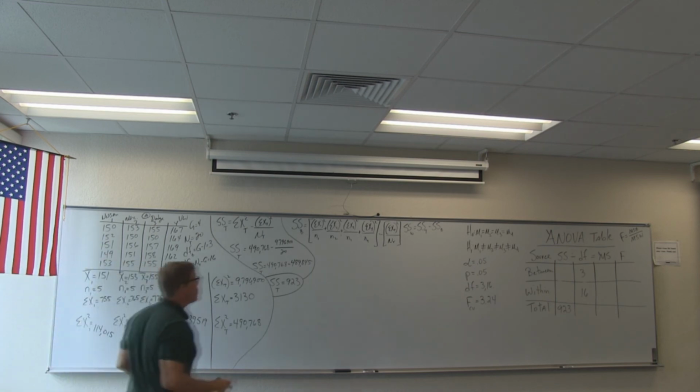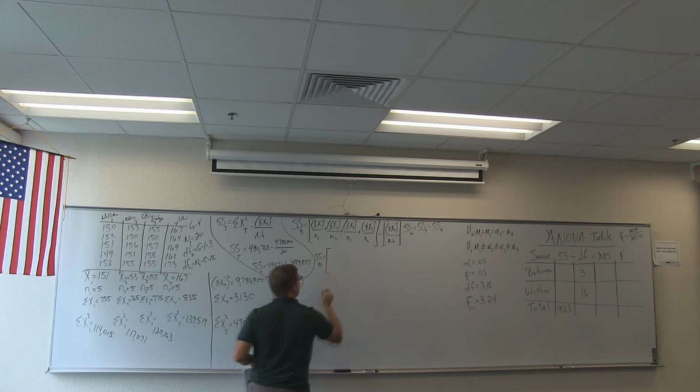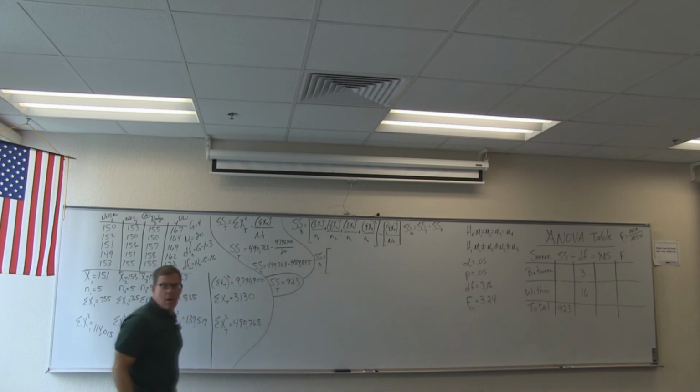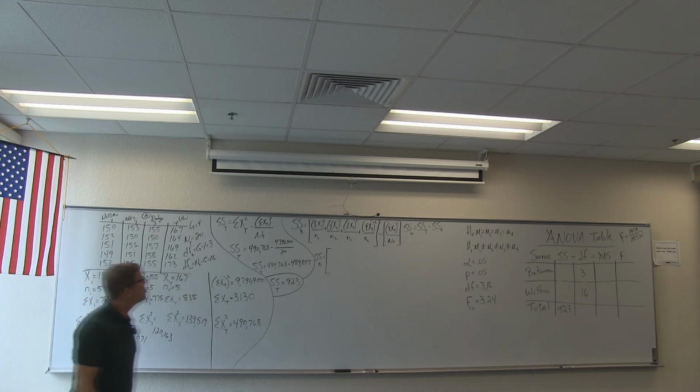And so now we do a lot of filling in the blanks. A lot of busy work here. And again, all intro stat students have to do this. It's just kind of a rite of passage. Sum of squares between groups. Let's do it.